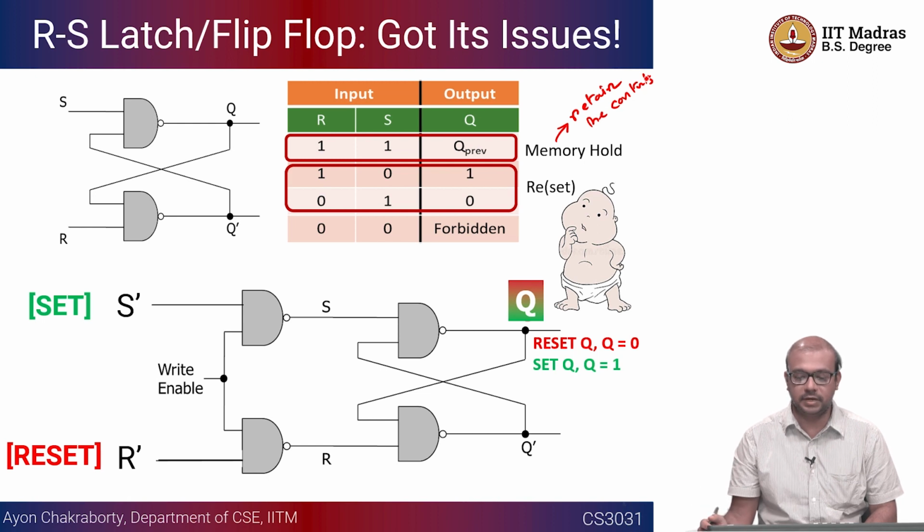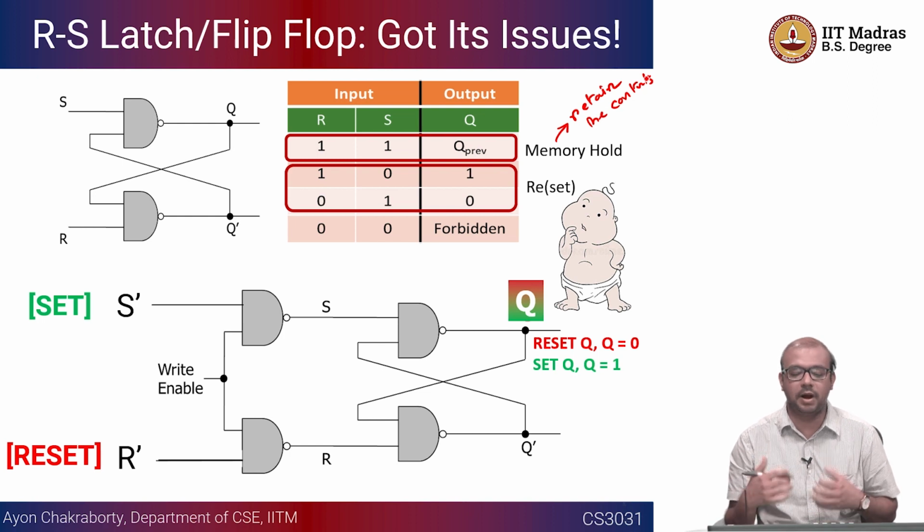So these are the two states that were possible, but we saw that 0 and 0 was not possible, in the sense that this is going to be raising some kind of a metastable condition, as zeros and ones could get into an undeterministic oscillating stage, right? And the final output cannot be determined, and it depends on the fractional amount of nanoseconds, maybe one NAND gate is faster than the other NAND gate. Based on that, the result is going to settle down.